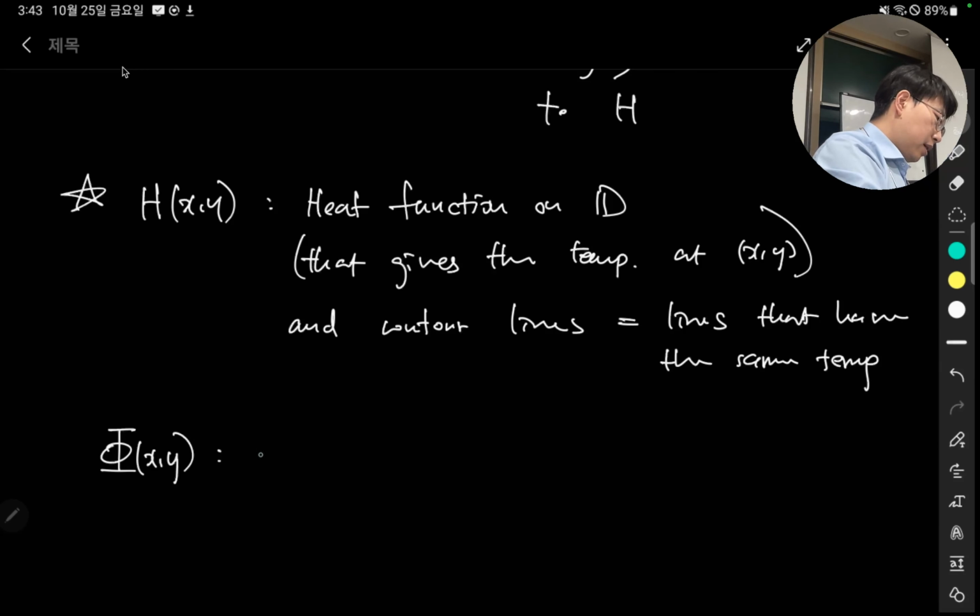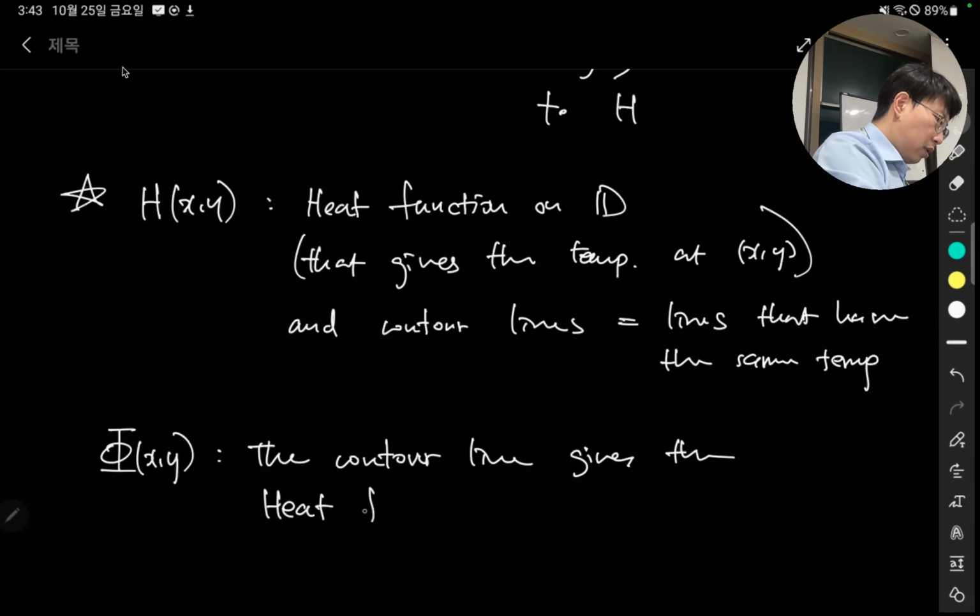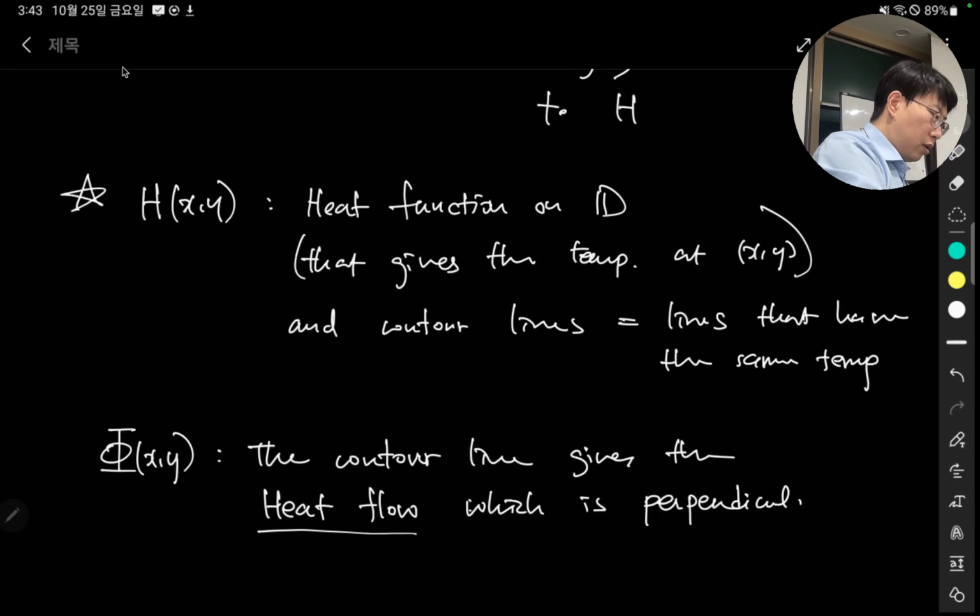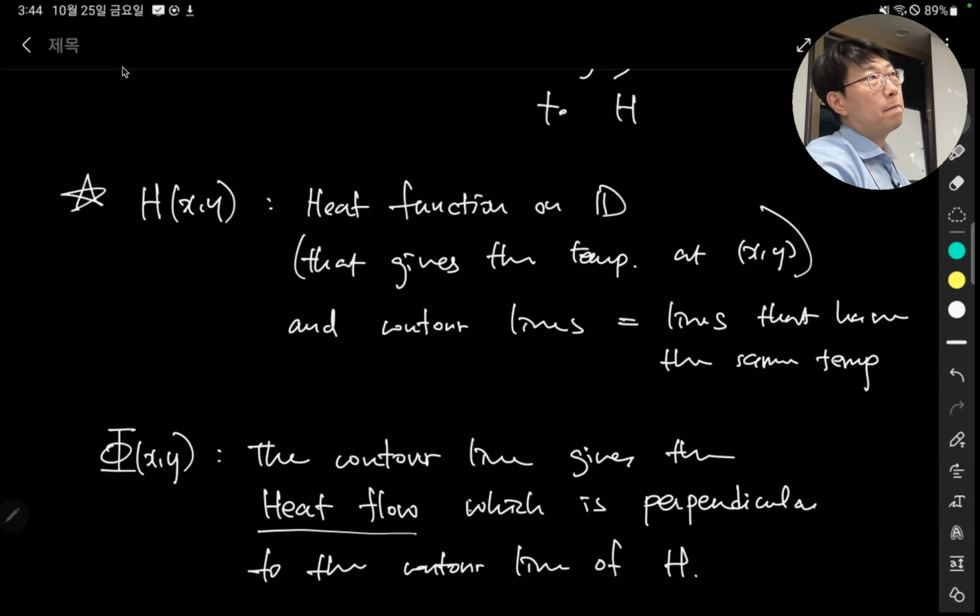So the contour line gives the heat flow, which is perpendicular to the contour line of the heat function. Okay.